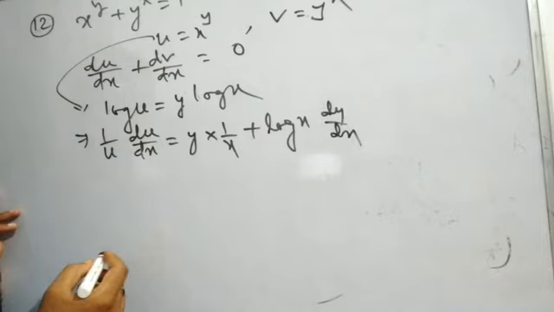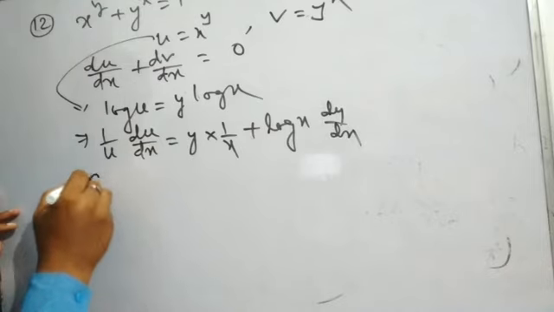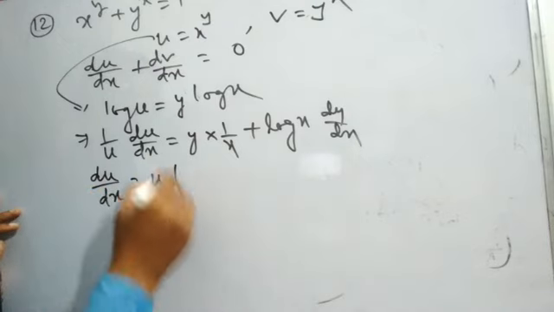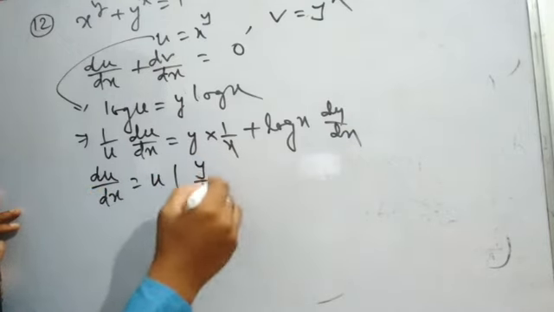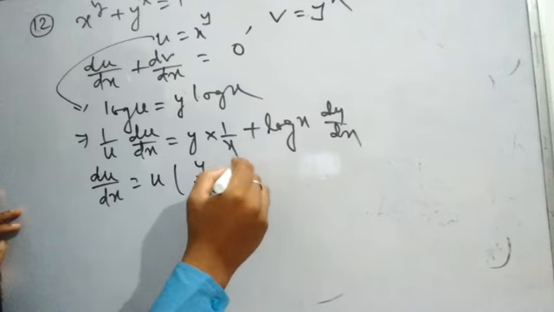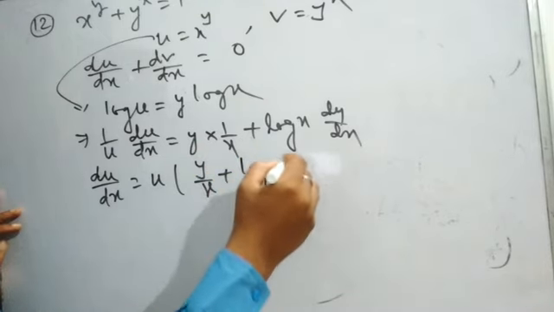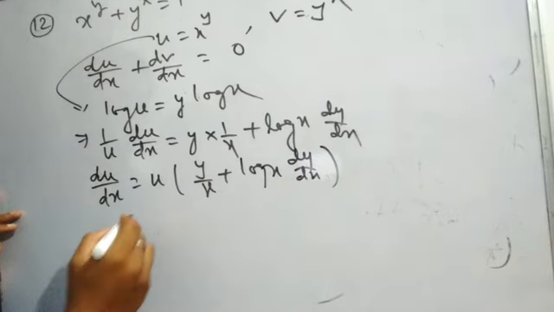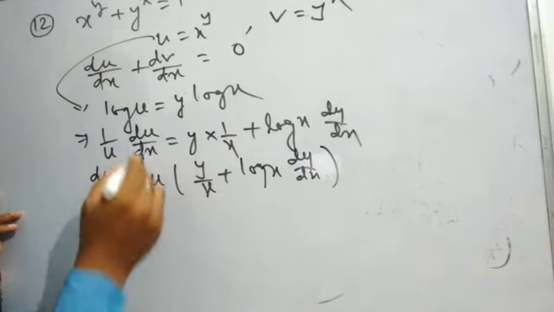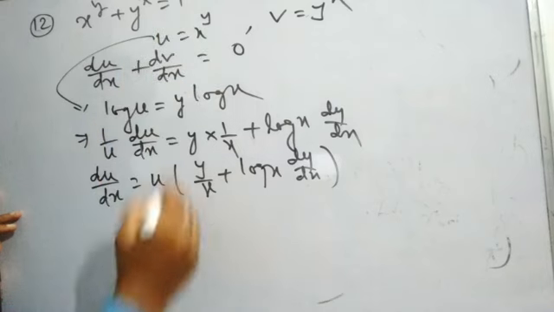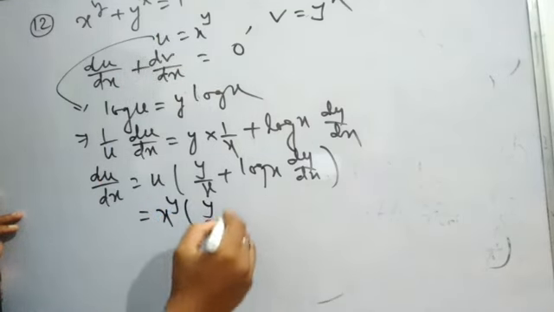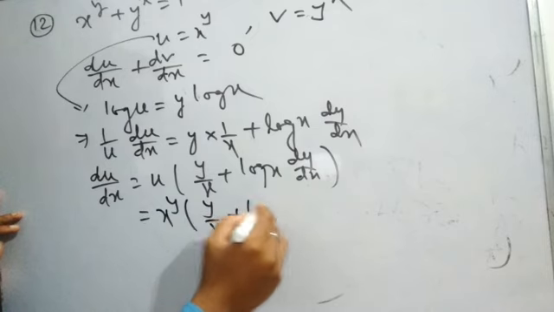Okay, now du by dx is equal to u into y by x plus log x dy by dx. Then u is equal to x to the power y, so x to the power y, y by x plus log x dy by dx.